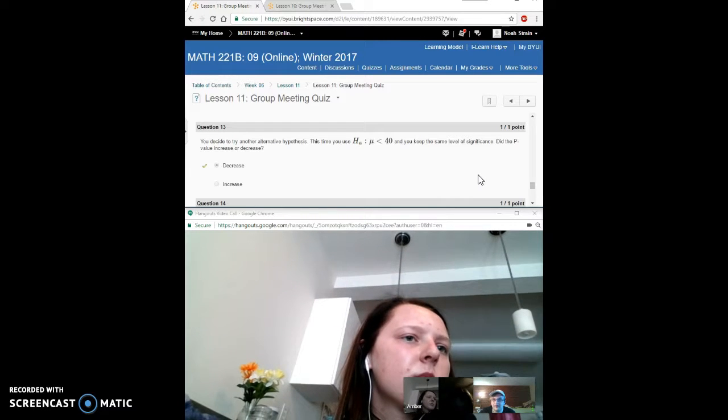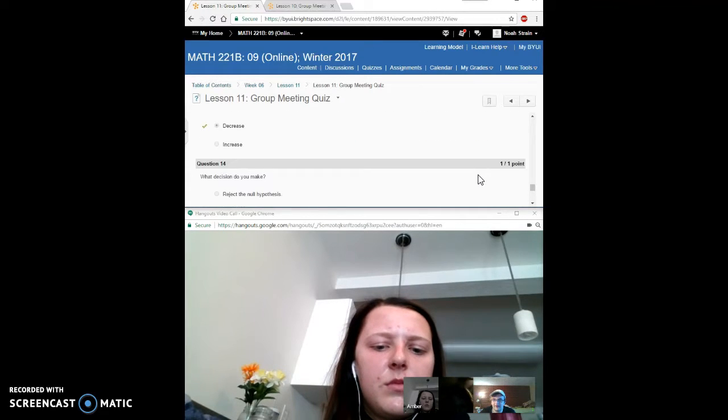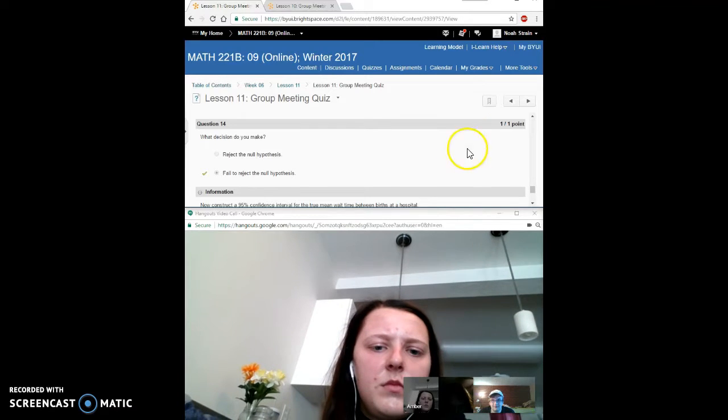But when you use greater than or less than, you divide that double-tailed sigma value by 2, and so it would decrease. So when you take 0.995 divided by 2, you get 0.45 something. And so, again, that's larger than 0.01, so we still fail to reject the null hypothesis.